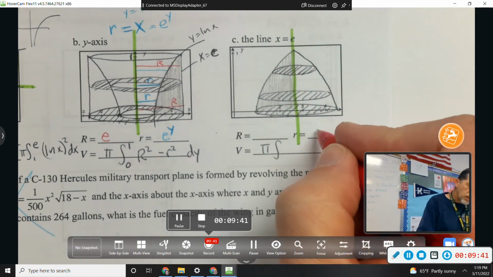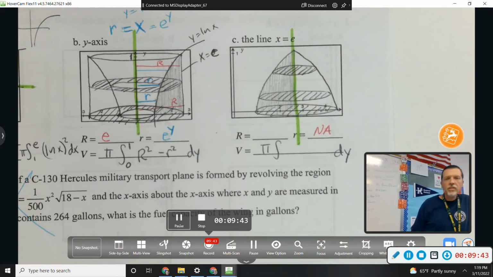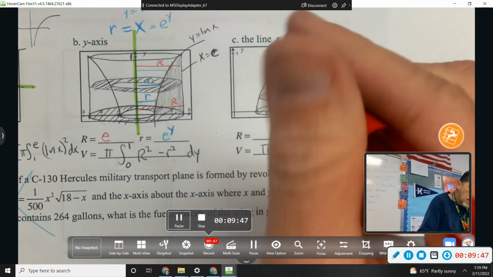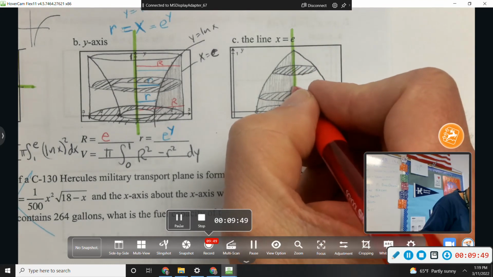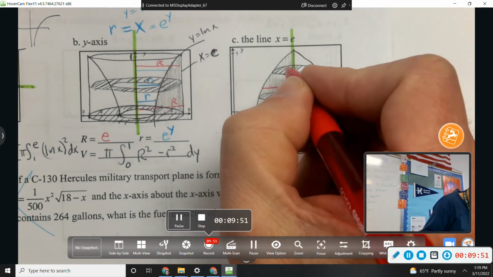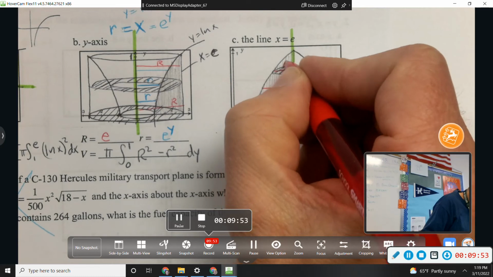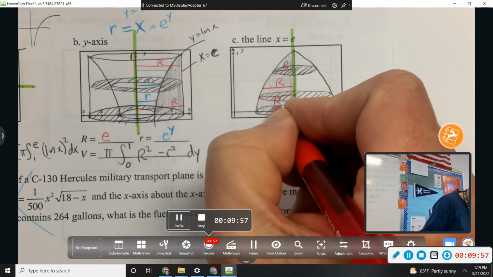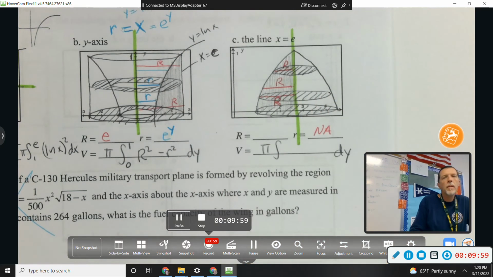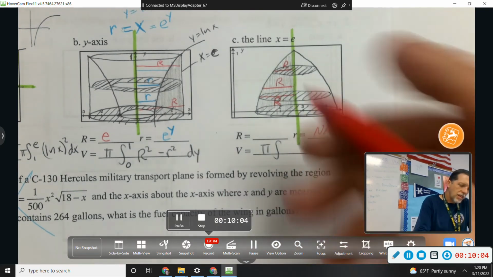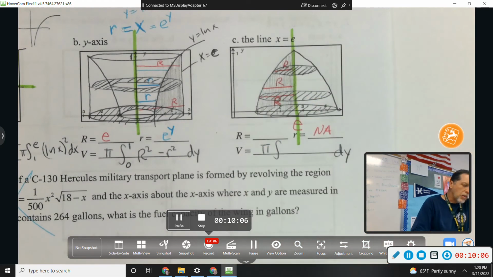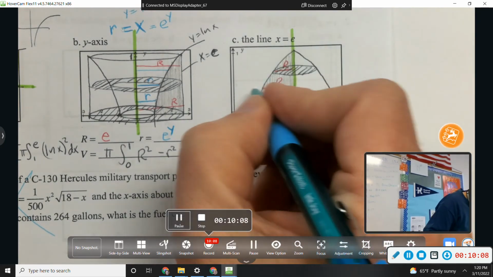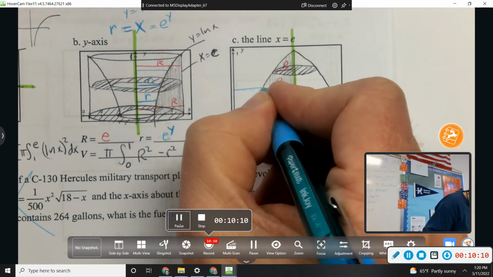So N/A for little r. Big R, it's changing. It's not constant. But measured from e rather than measured from an axis, so I need to be a little more careful here.